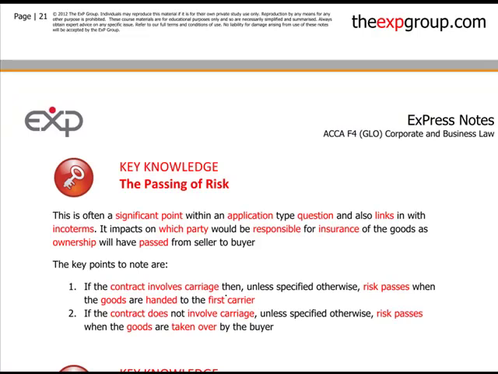The key points to note are: if the contract involves carriage, then unless specified otherwise, risk only passes when the goods are handed to the first carrier. If the contract does not involve carriage, unless specified otherwise, risk passes when the goods are taken over by the buyer. So the first one, first carrier; second one, only when the buyer takes the goods.